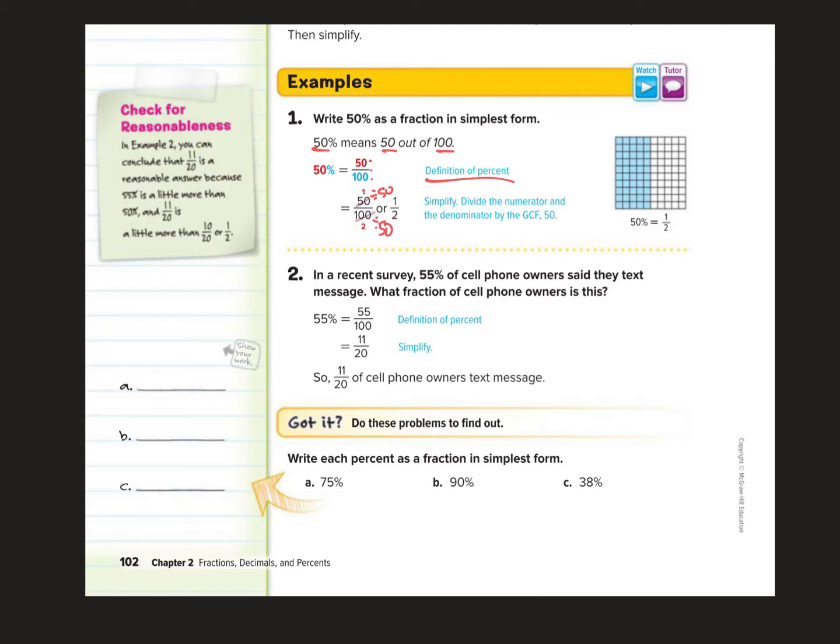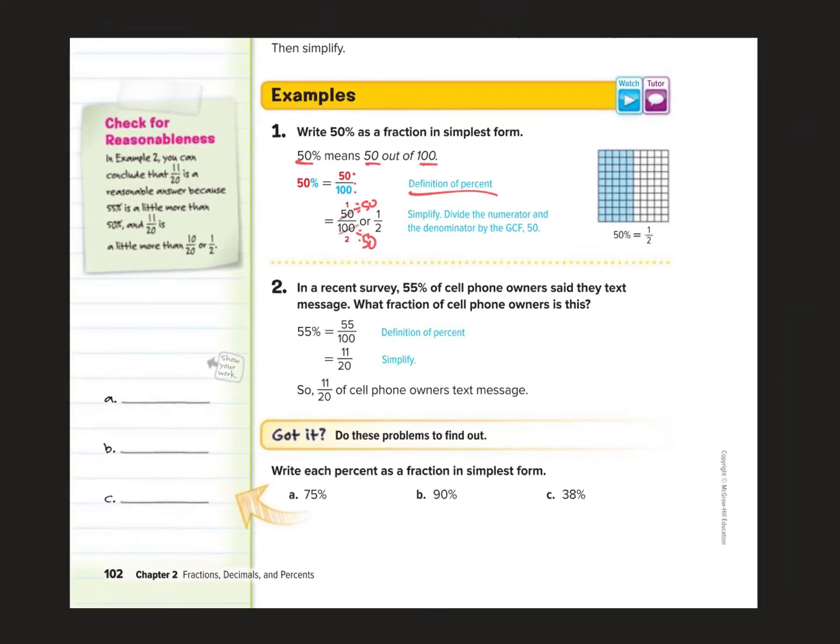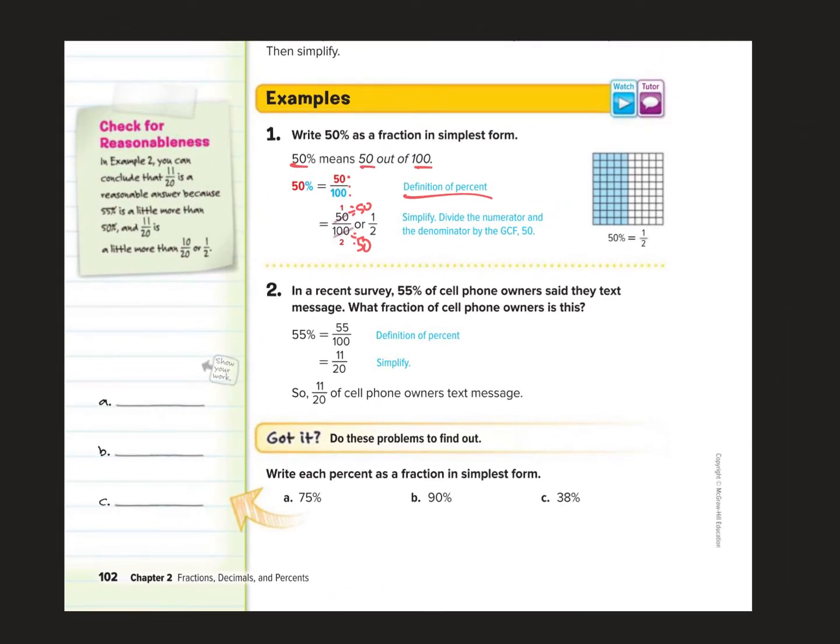or a half. In a recent survey, 55% of cell phone owners said they text message. What fraction of cell phone owners is this? So we're going to take our percent, put it over 100, and simplify, dividing both by 5 to get 11/20ths. 11/20ths of cell phone owners text message.